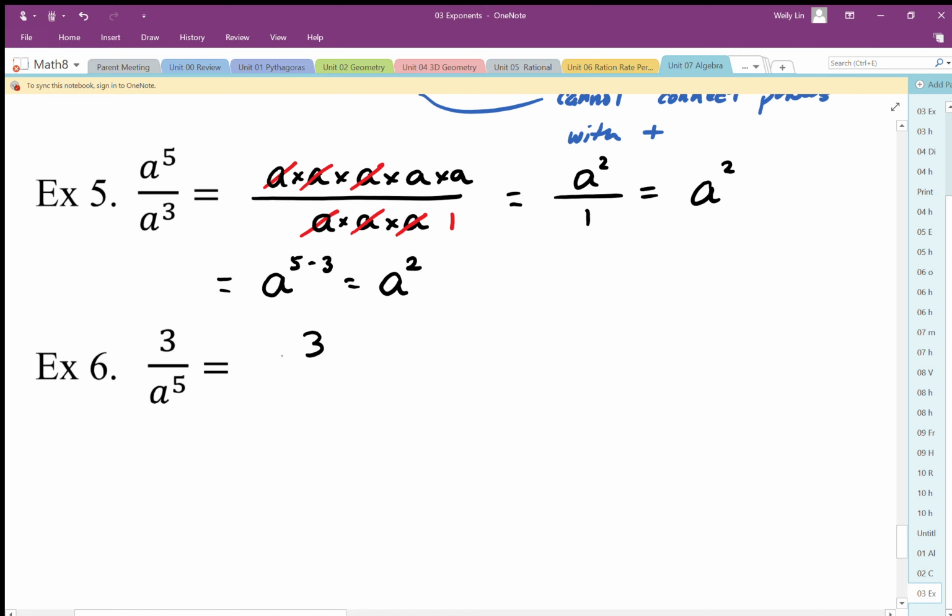Lastly, here we have 3, and we have a in the denominator 5 times. Well, with our times and divide rules, we can't really do anything with this, so we should just leave this as 3 over a to the 5. Now, some people may know this rule, and we can actually make this a to the negative 5.